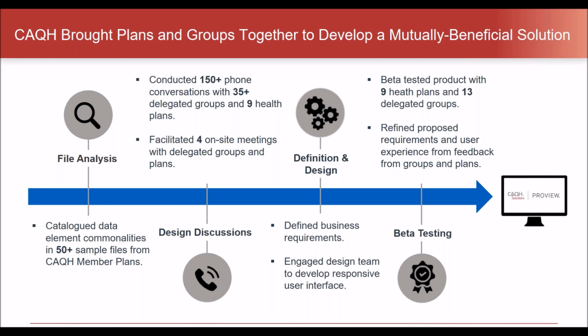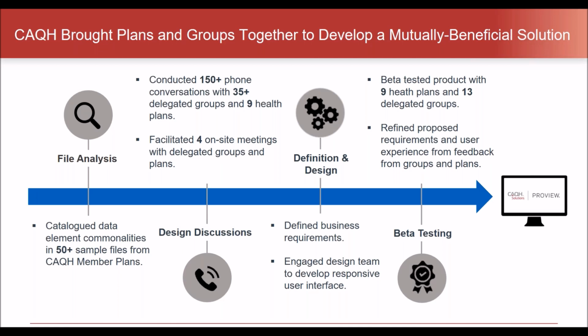So part of that discovery process was these discussions and analyzing the data set. But once we knew we had a standard data set agreed upon by both plans and groups, we really dove deep on understanding what the portals should look like for both the plan and group experience.